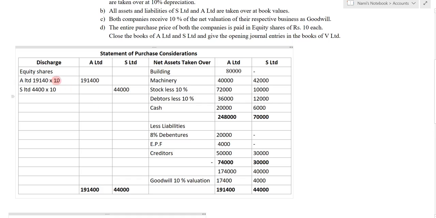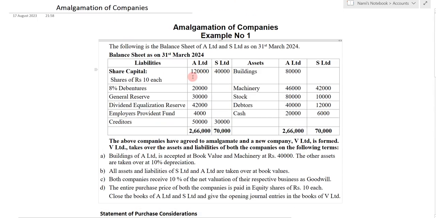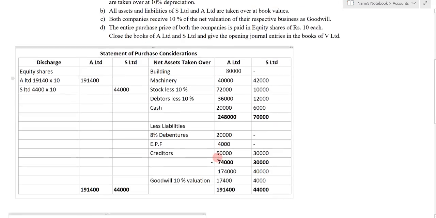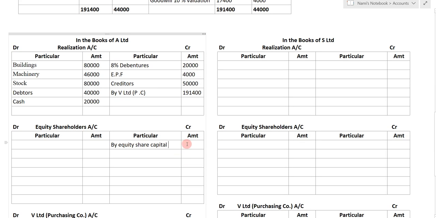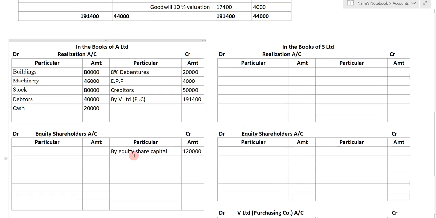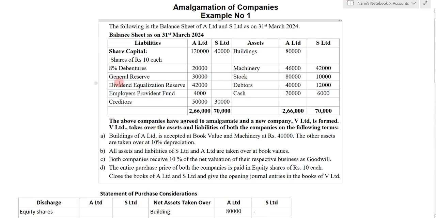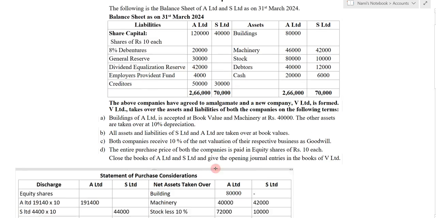How much is the share capital of A Limited? 1,20,000. Then on the credit side, you will write the general reserve and dividend equalization reserve. General reserve 30,000, dividend equalization reserve 42,000.